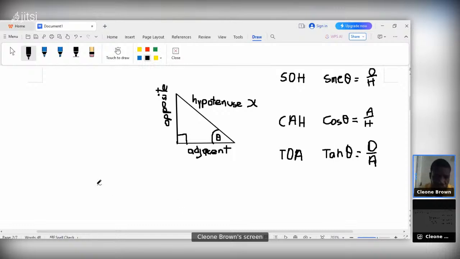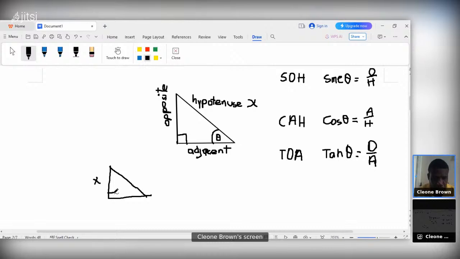Let's do a quick example. So for instance, we're trying to find a missing side, and we put an x here. This is the side we're trying to find.